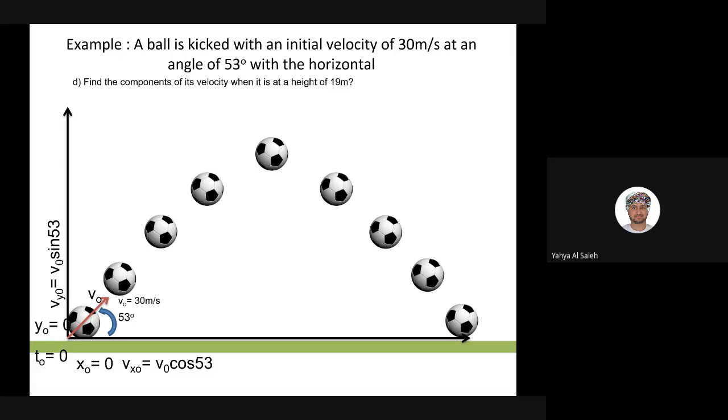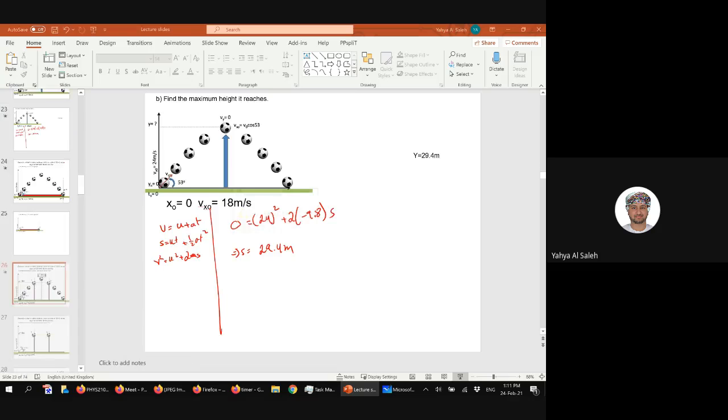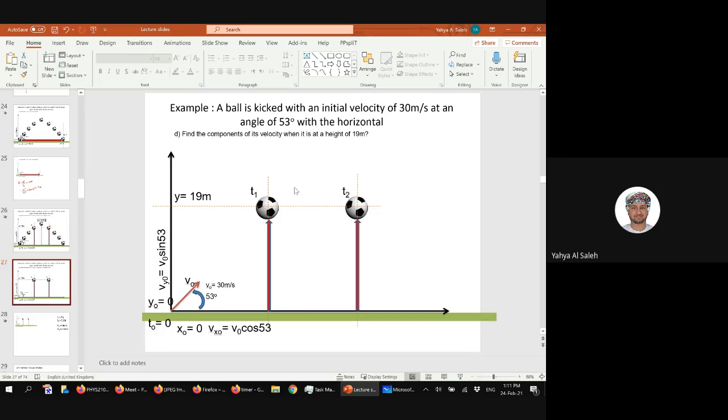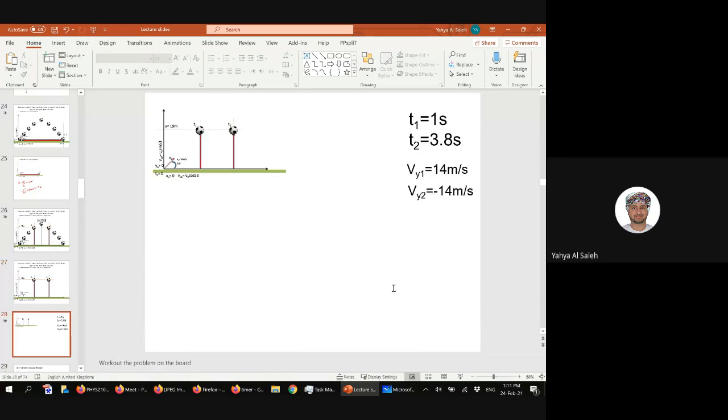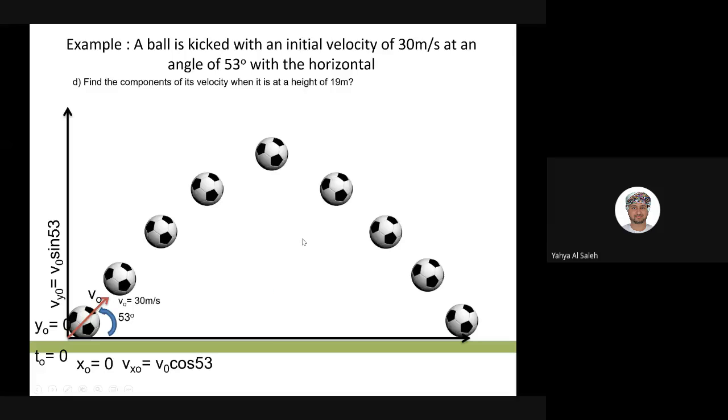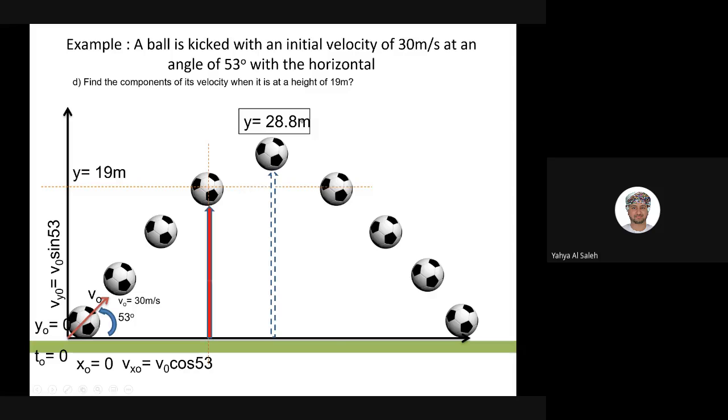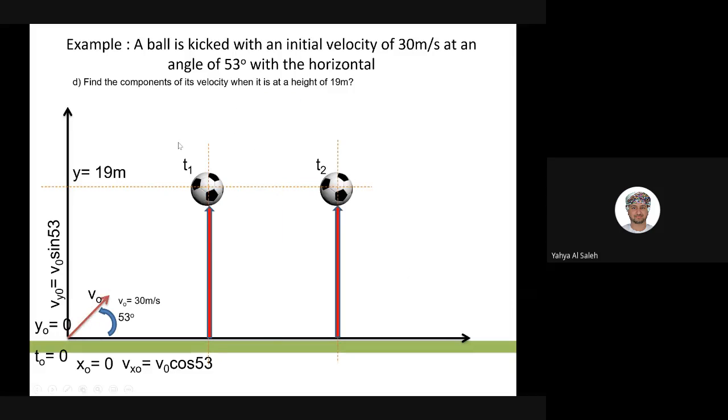So now it's opposite. Instead of having a distance or time, now we have a distance, a height of 19 meters, and we want the velocity. We know the maximum height is 29.4 meters. Since the maximum height is 29.4, we reach 19 meters twice, once going up and once coming down. Right? Which means we need to find the time first.